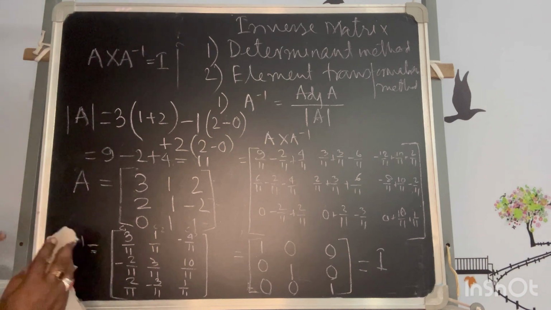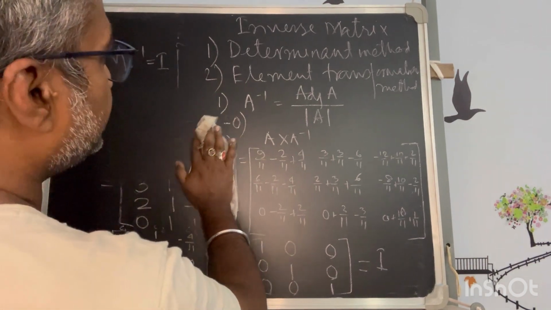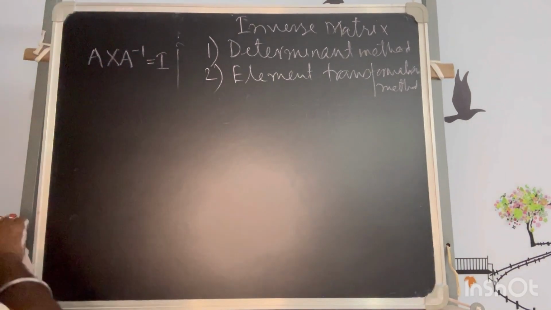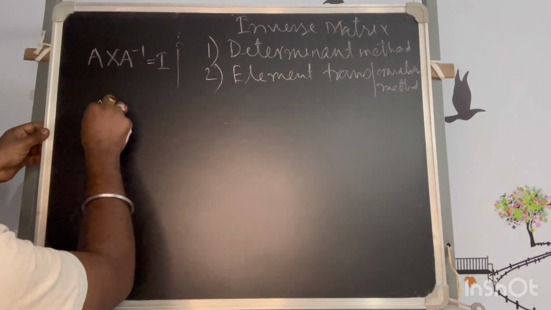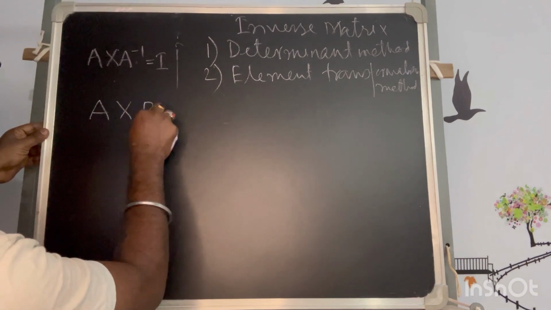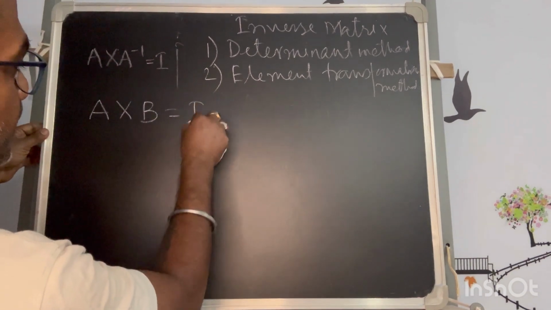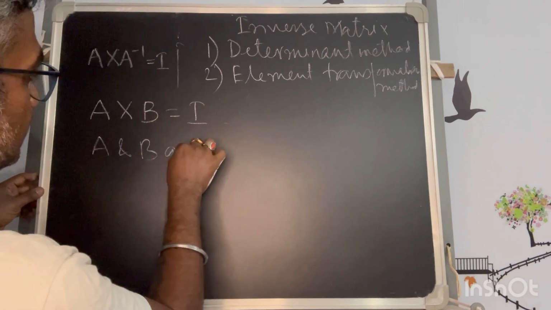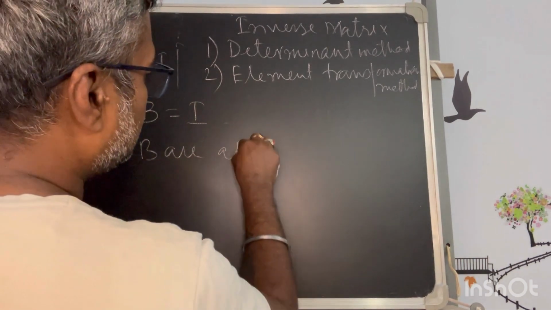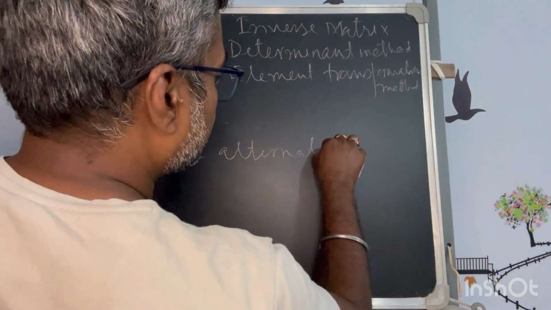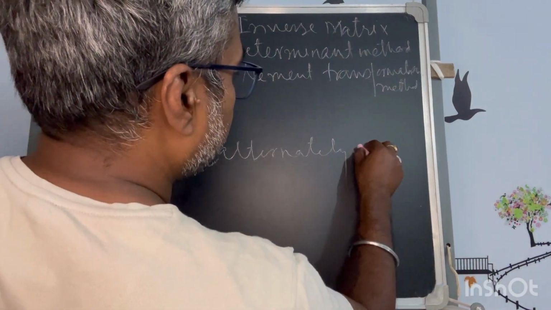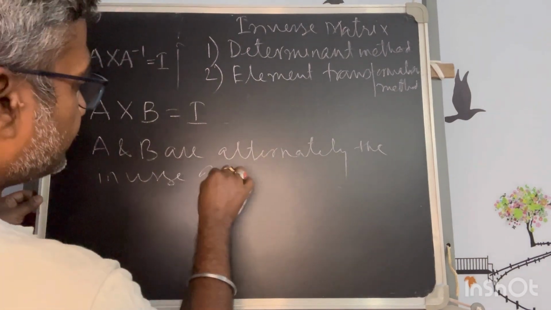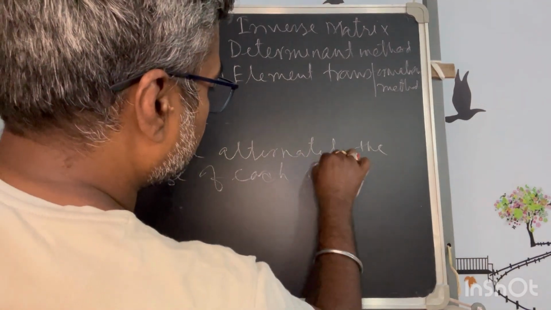That also can be said like this: if two matrices are multiplied, and you have two matrices where you don't know whether one is the inverse of the other, if I get an identity matrix, then A and B are the inverse of each other, you can say.